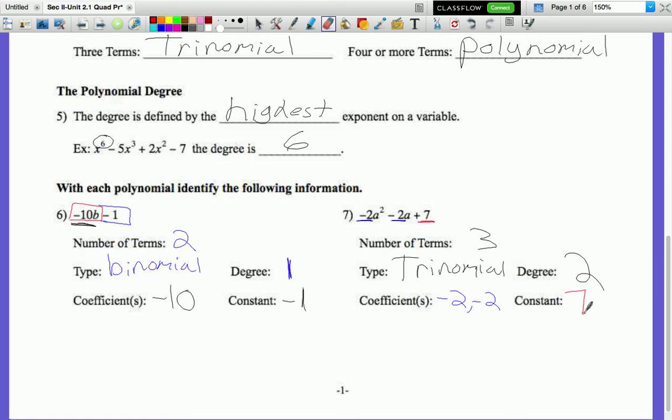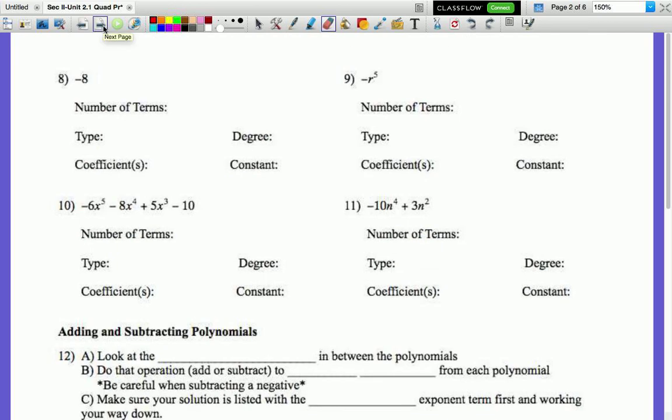There's one more problem I want to do with you real quick. It's on the next page. It is actually number 8. So let's look at number 8. Number of terms. There's only one. So we have one term. The type is based off that term. It's called a monomial. Degree is off the highest exponent.